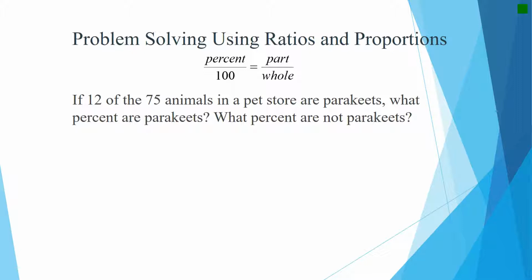Okay, then I told you we would get back to story problems. These story problems will be on your test, so you want to make sure that you understand how to solve them. So I want you to write this right here. Percent over 100 equals part over whole. It doesn't get a biggie wow star, but it can have an asterisk there, okay? That's what we're going to be thinking of. We're going to be looking for a percent. We're going to put percents over 100, and that's because percent means out of 100.